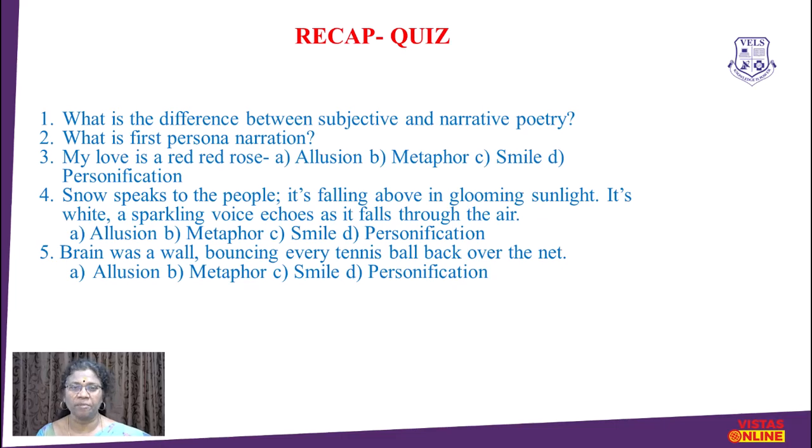Is it an object? Maybe, yeah. But it doesn't speak, but it's described as if it speaks. So it's actually personification. And then next: Brain was a ball bouncing every tennis ball back over the net. So what is compared here? Brain is compared to the ball. It's a metaphor.